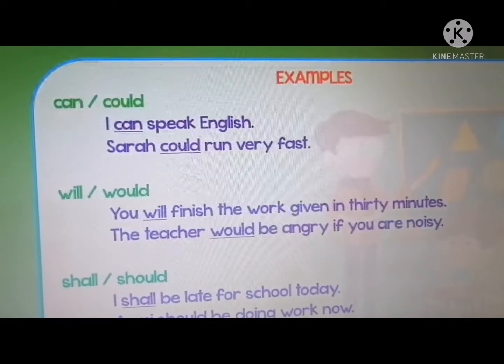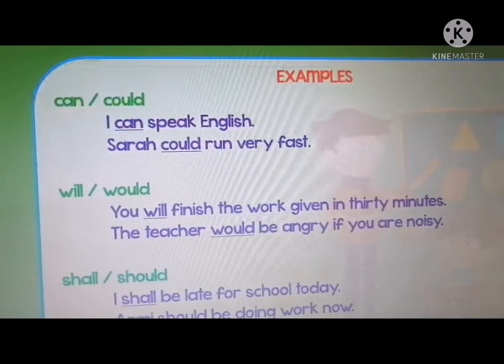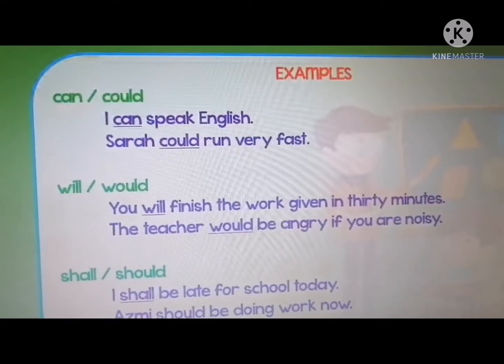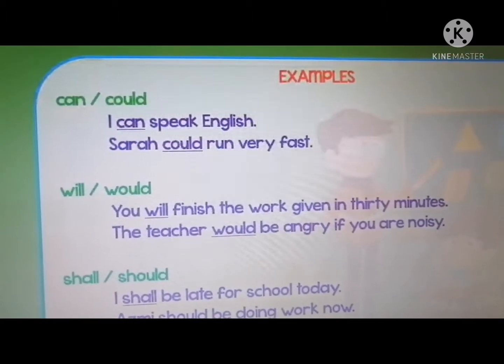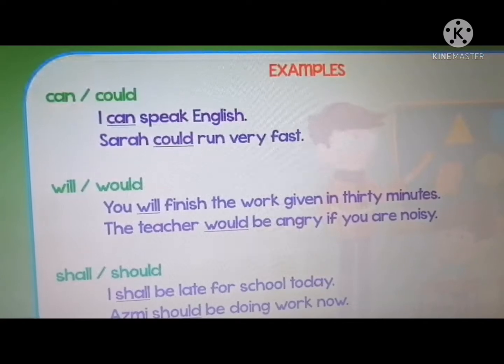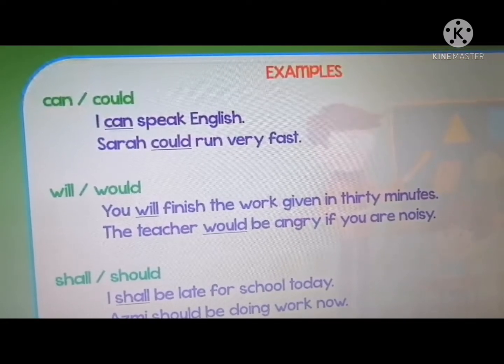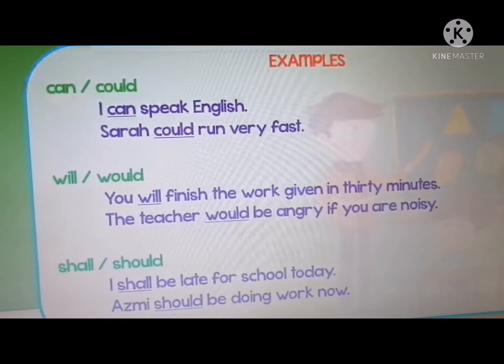That's what I mean when I say a modal verb cannot stand alone. Example, with the action verb: I can speak English. I can English doesn't make sense. I hope you understand our lesson for today.